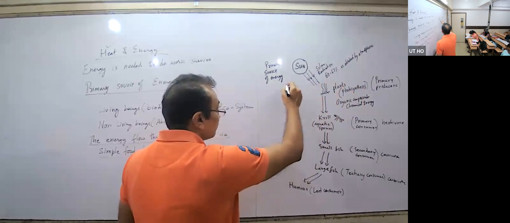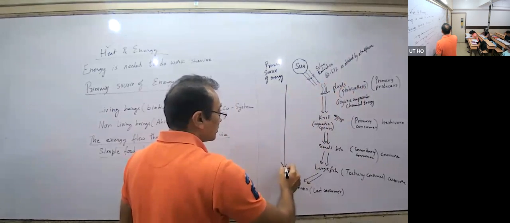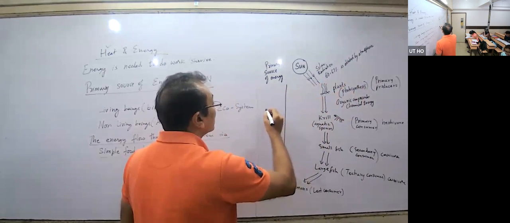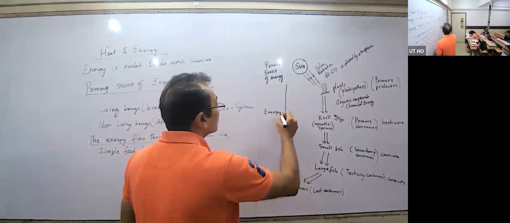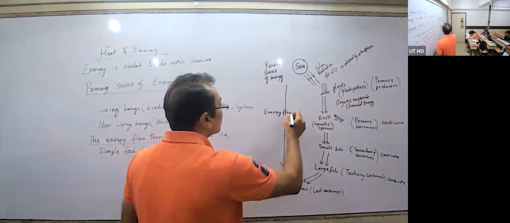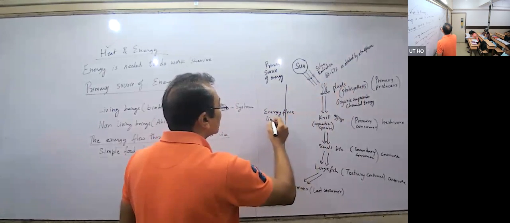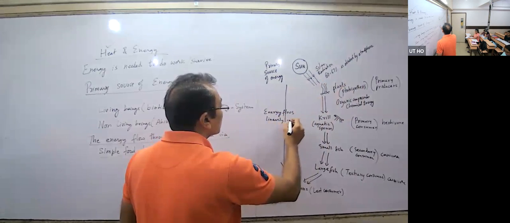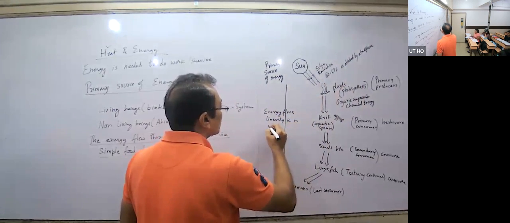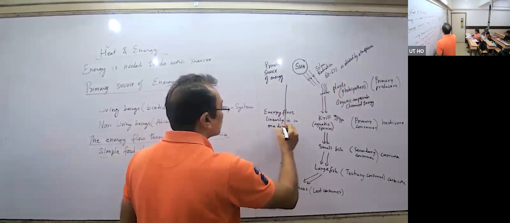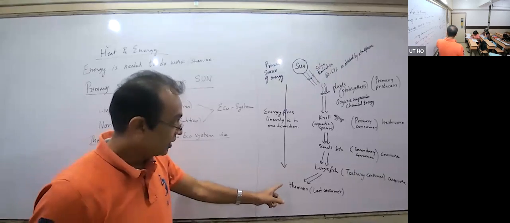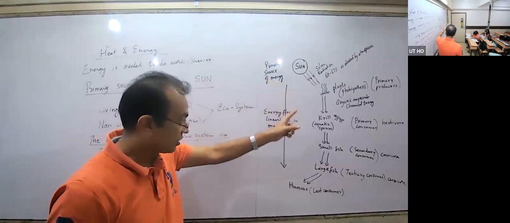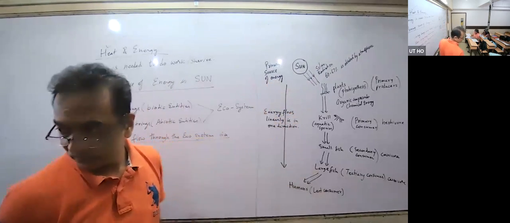And then the energy flow is in one direction. Energy flows linearly, that is, in one direction. What it means is the energy which comes from the sun never reaches back to the sun.